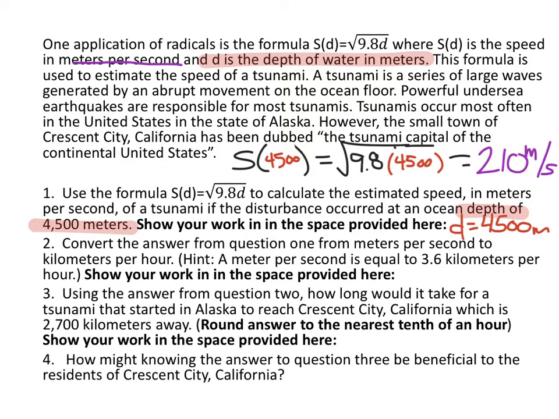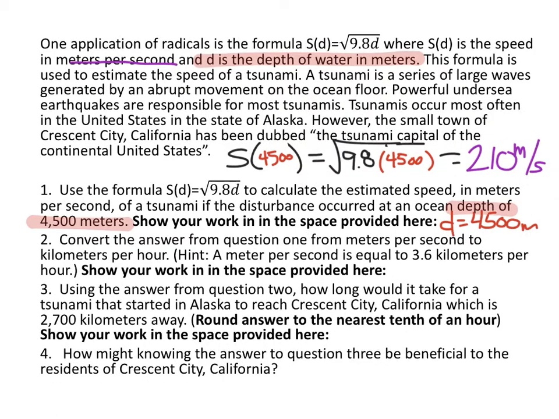All right, so number two, convert the answer from question one from meters per second to kilometers per hour. And a meter per second is equal to 3.6 kilometers per hour. So this is kind of going back to 950, I think it was our sixth unit. But whether you took 950 or not doesn't matter.